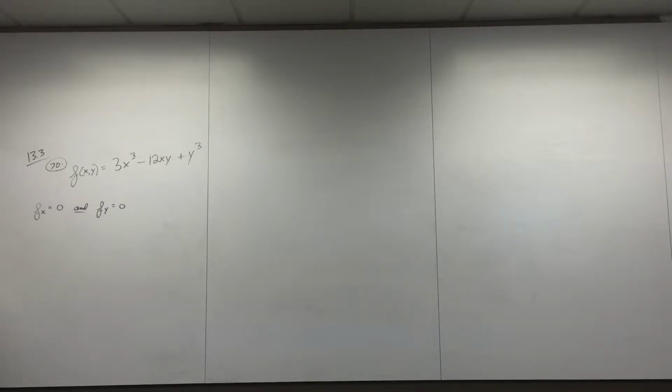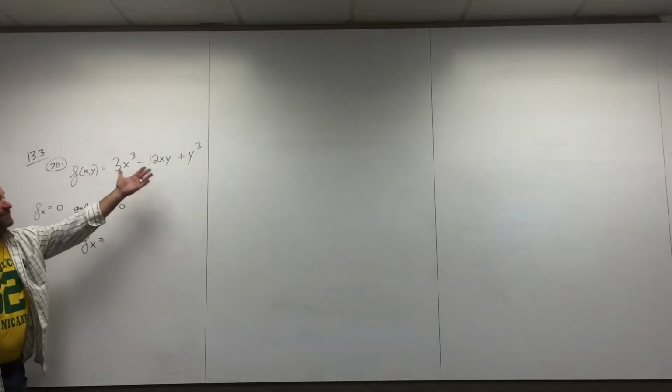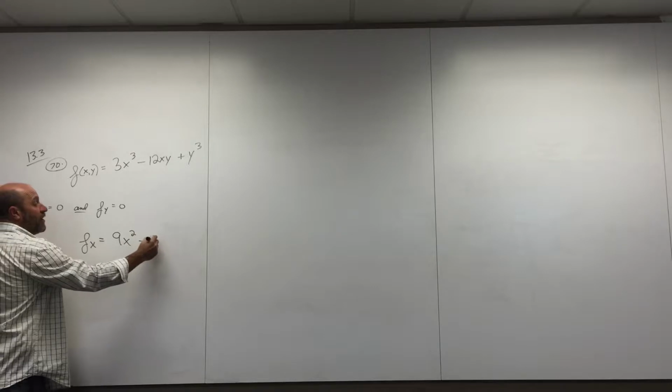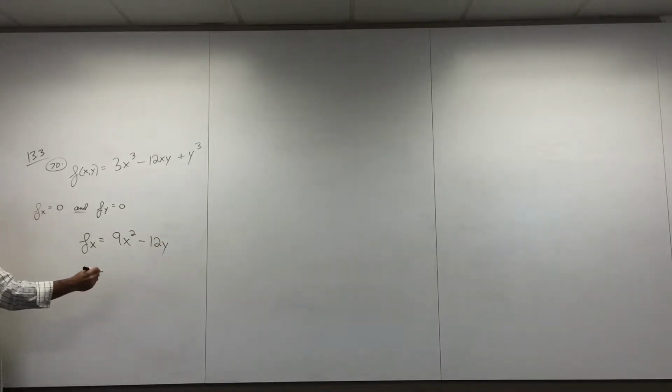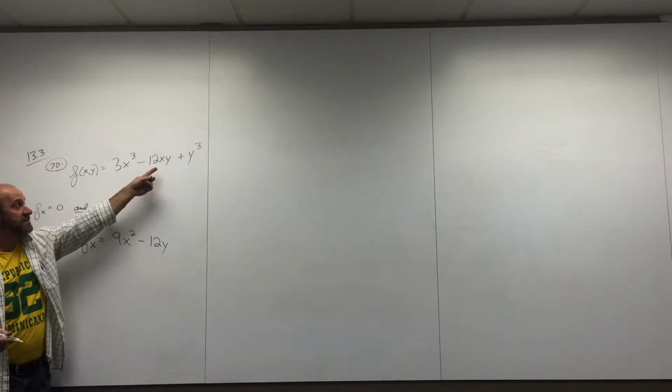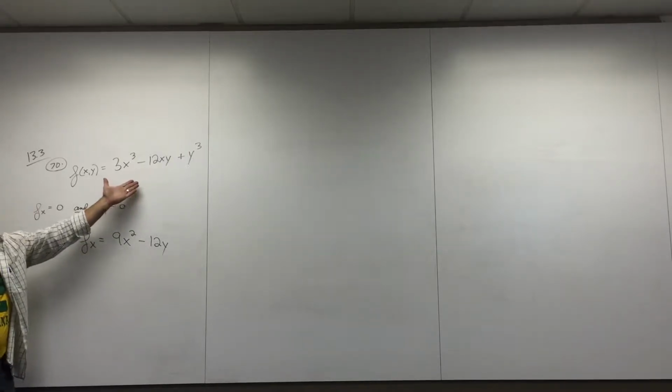Okay, well, I need a couple partial derivatives. It sure is easy. The partial derivative with respect to x is 9x squared minus 12y. With respect to x, treating y like a constant, we did good.